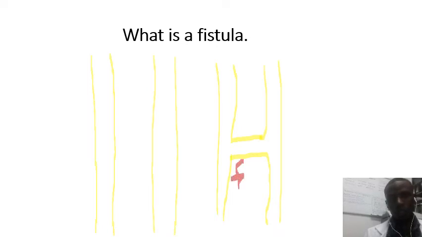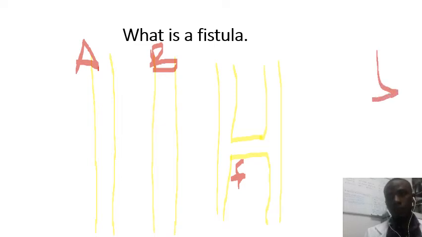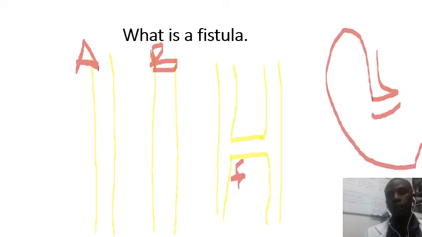This one is the fistula, connecting structure A and structure B. So in this case, if this connection happens from the urinary bladder to the uterus, then we shall say that the two organs have formed what we call a fistula. And that's what we are going to see, how it appears on ultrasound.